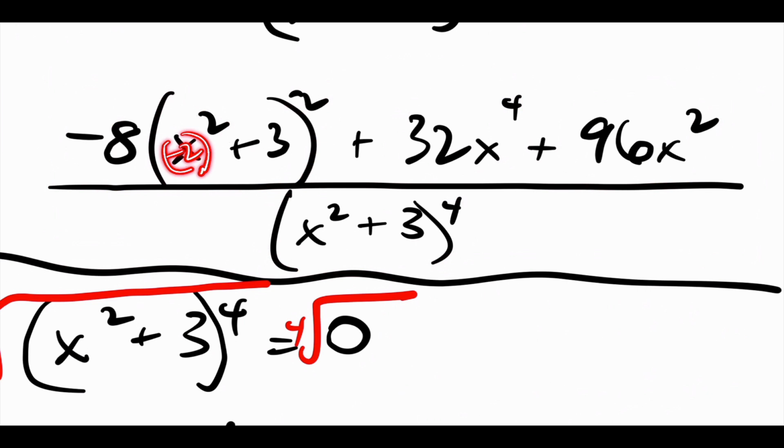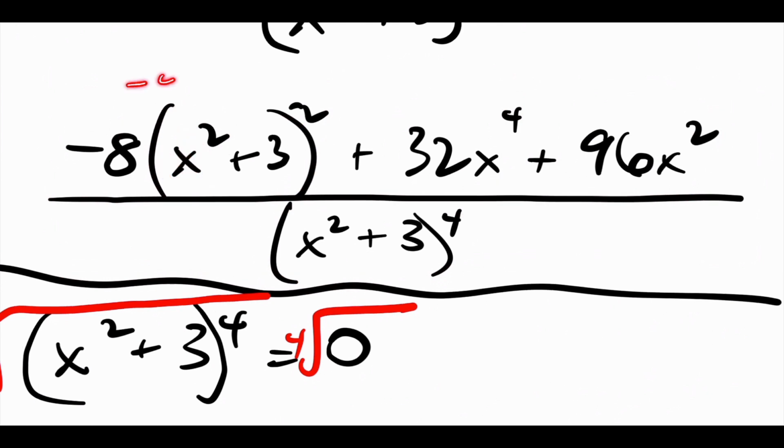Plus 3, 7. Squared, 49. 49 times -8 is roughly -400. Roughly -400. Not exactly, but roughly -3 something. Okay. So when I plug in -2 here and -2 here, it's going to multiply with these guys. So this is going to become +16.